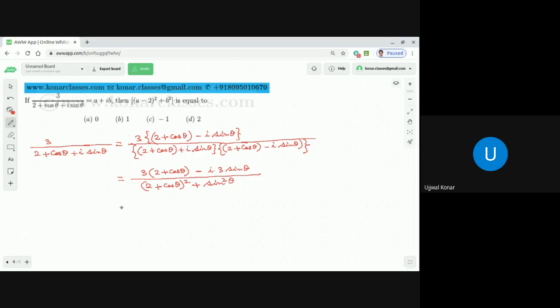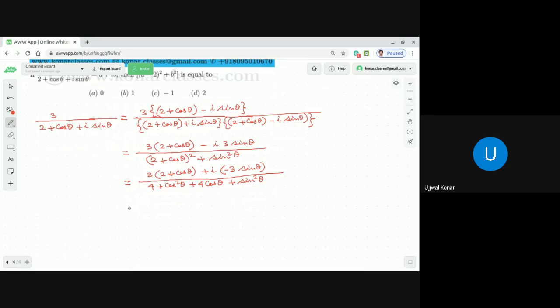So if we simplify, we get 3 into 2 plus cos theta plus I into minus 3 sine theta, divided by 2 plus cos theta whole square, which is equal to 4 plus cos square theta plus 4 cos theta plus sine square theta.